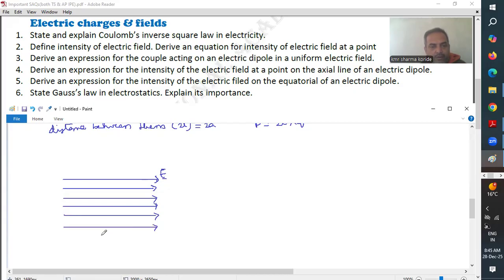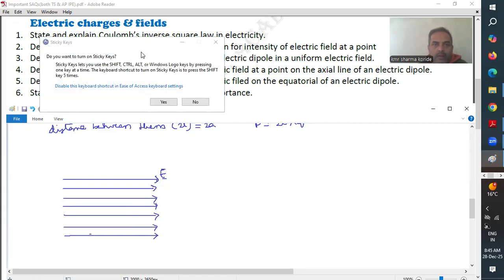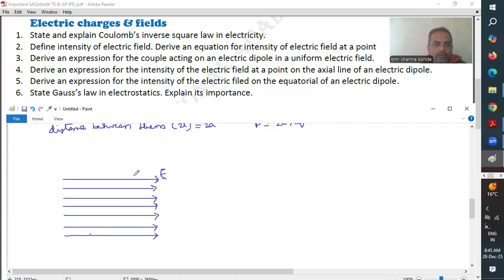In this electric field, you are going to place the dipole. Electric field is always from positive charge to negative charge, maybe started from infinity and extended up to infinity. Now let us draw the dipole. So take care that the side toward the negative of the field, you give positive charge of the dipole, because positive and negative get attracted.